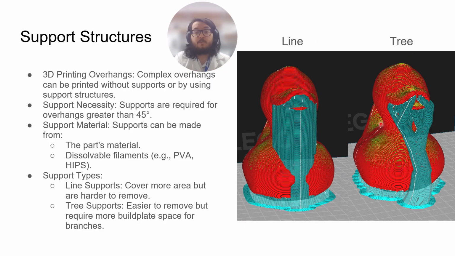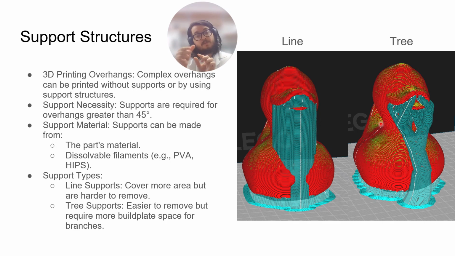If you have a tree-like support, you create branches, which are typically easier to remove, as you can just remove a branch and the other branches usually come off with it. But you have less touching portions, so you might have a worse underneath support look on your parts.